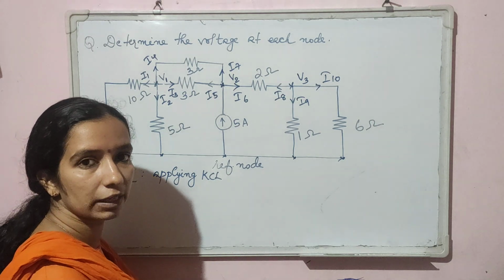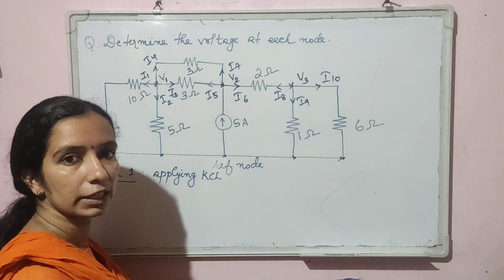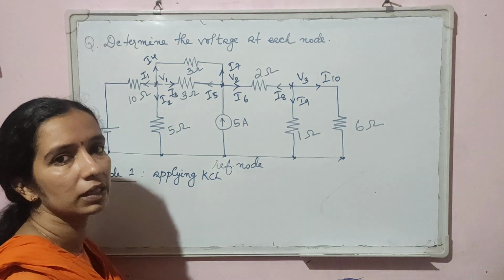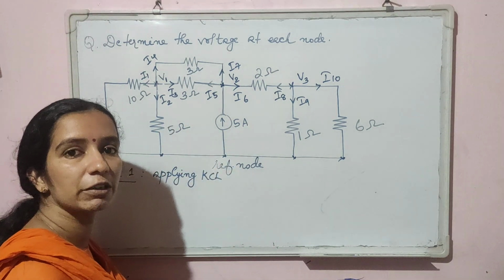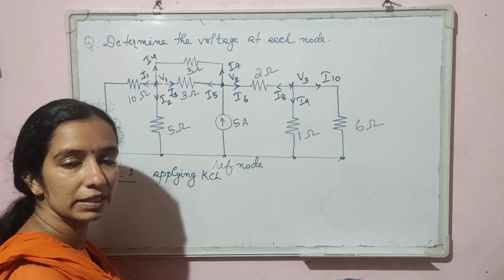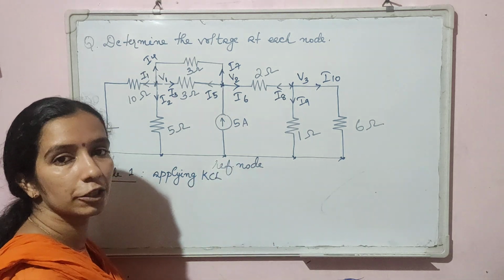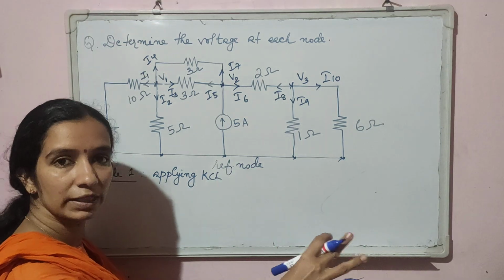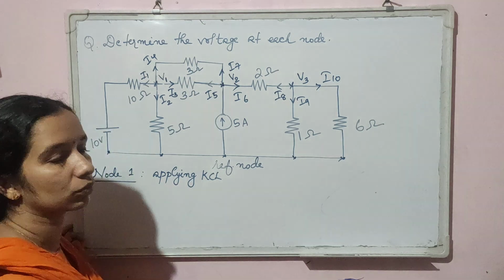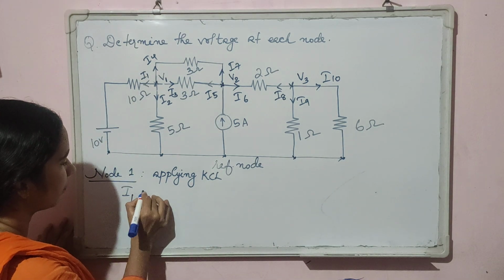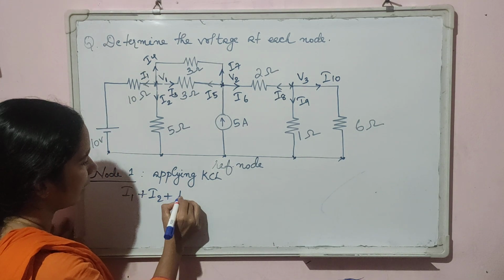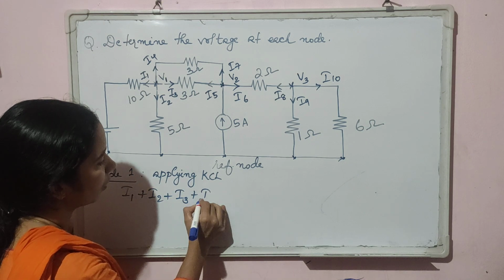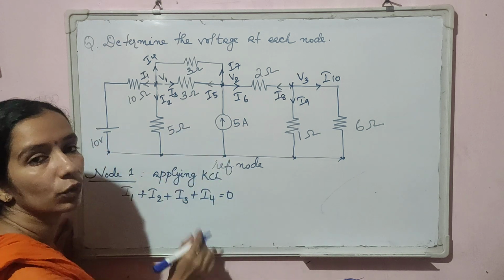According to Kirchhoff's current law, sum of currents entering is equal to sum of currents leaving. There are no currents entering into the node, so the sum of all the leaving currents will be equal to 0. That is, I1 plus I2 plus I3 plus I4 is equal to 0 for node 1.